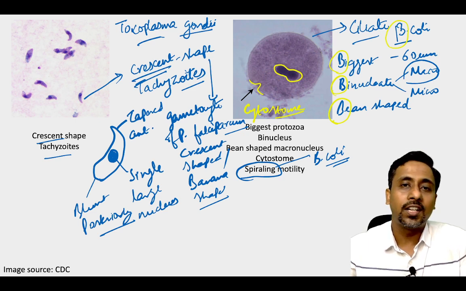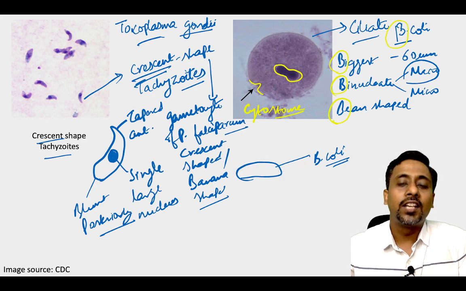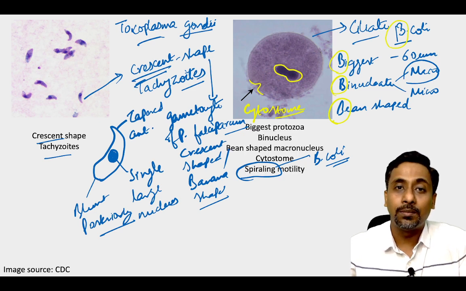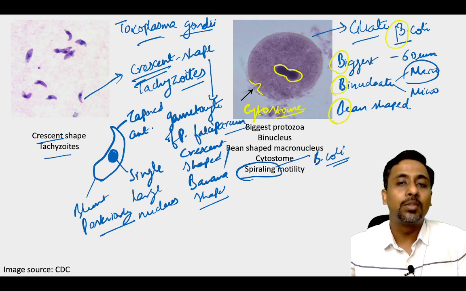Now, which of the trophozoites are uninucleate? Amoebae are uninucleate, either intestinal or free living. Trichomonas is uninucleate, but not Giardia. Plasmodium again is uninucleate. Toxoplasma is uninucleate, but Balantidium coli is binucleate.